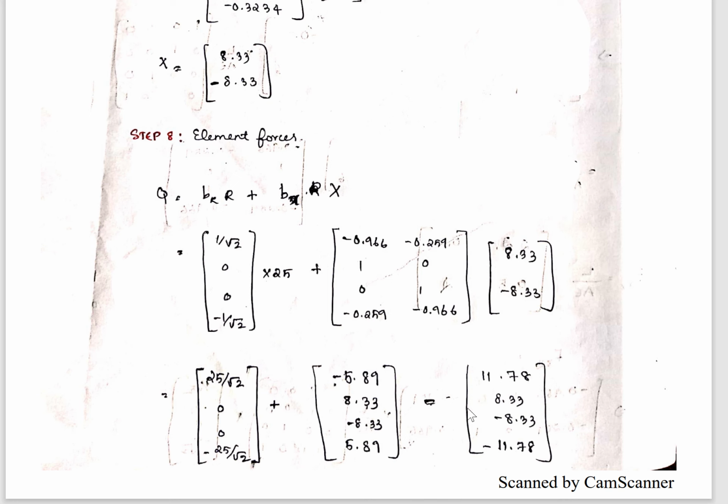So finally Q is obtained as shown here. So these are the member forces in member AE, then member BE, member CE and member DE. So the member force in AE is 11.78, the member force in BE is 8.33, the member force in CE is minus 8.33, the member force in DE is minus 11.78.